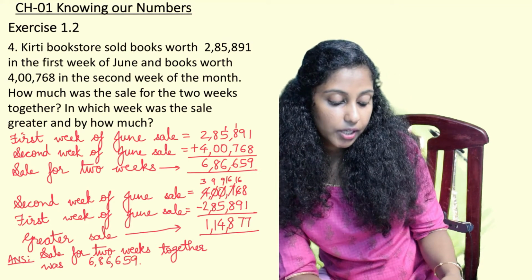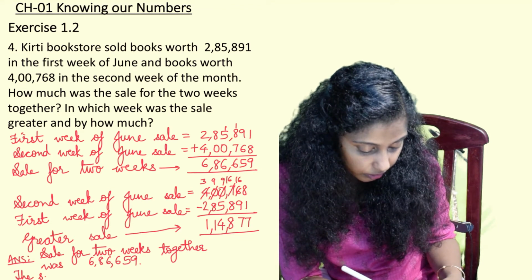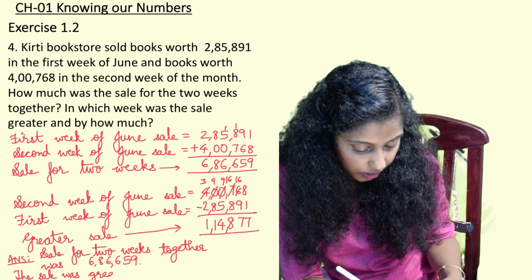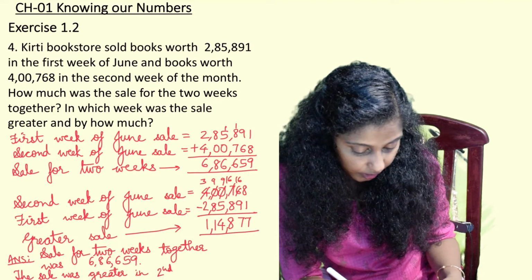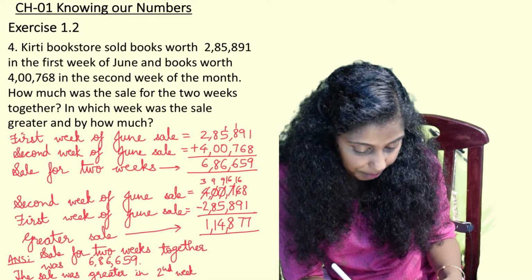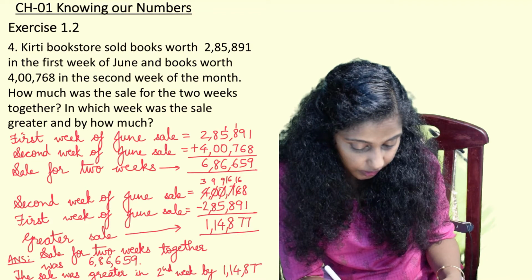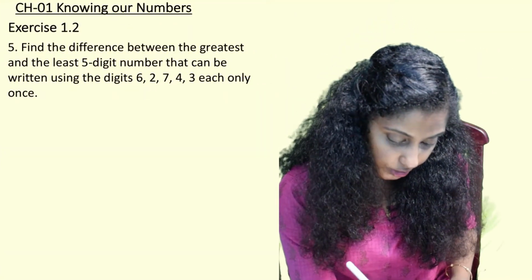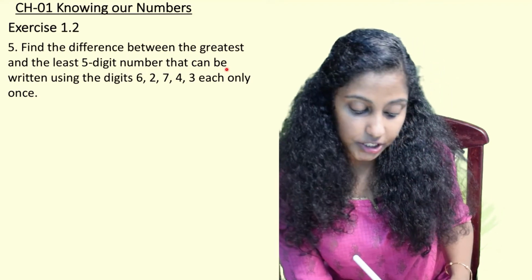In which week was the sale greater and by how much? So here clearly we can see the sale was greater in the second week. Sale was greater in second week by the amount 1,14,877.